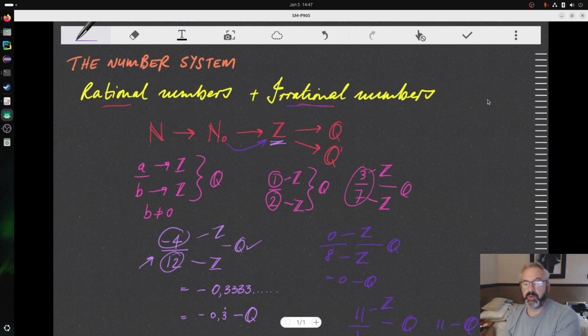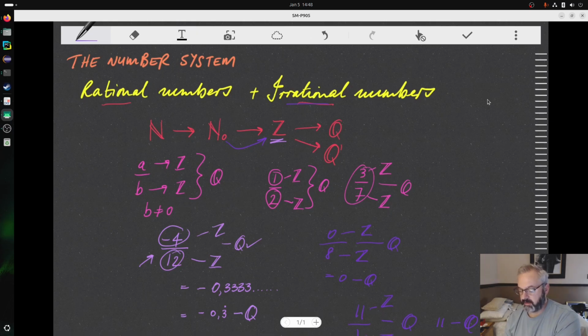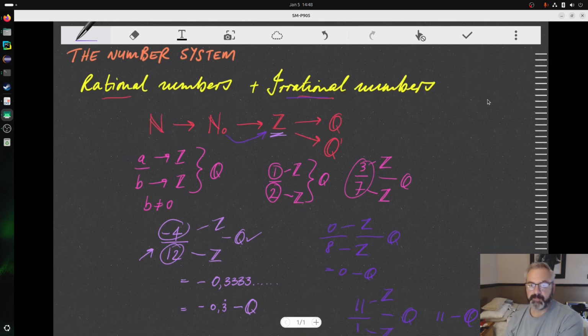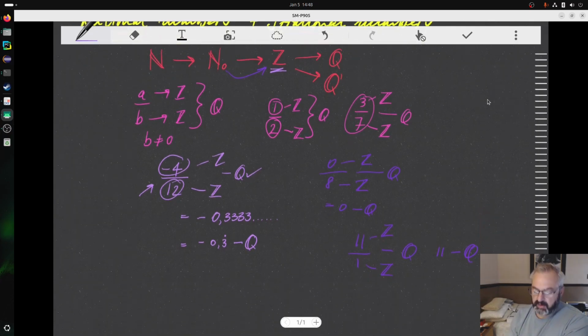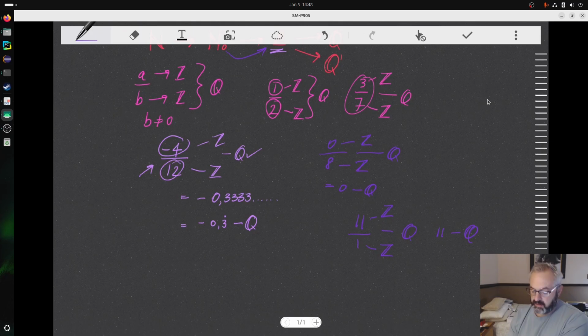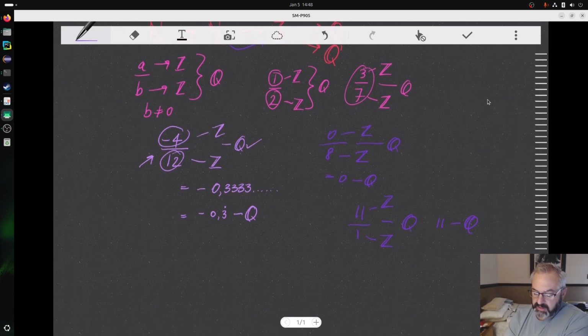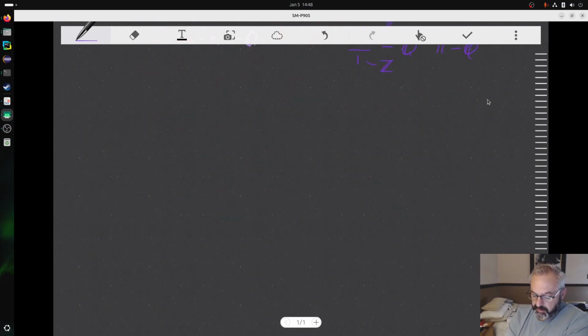So now at this point you may be asking yourself, but okay, what does an irrational number look like? Okay, so let's go and have a look at some examples. All right, let's take the number which is expressed as the square root of 2.